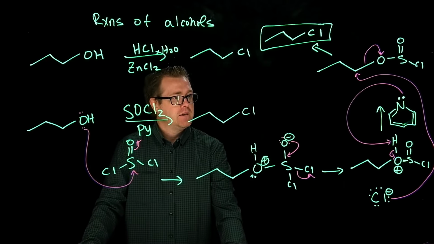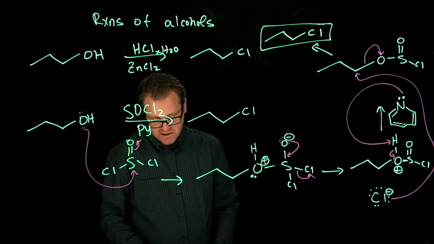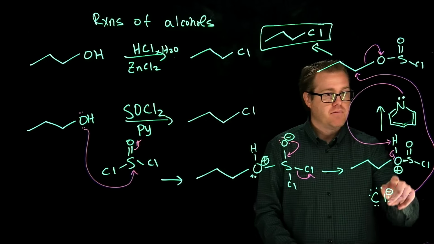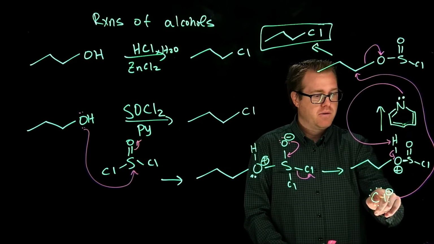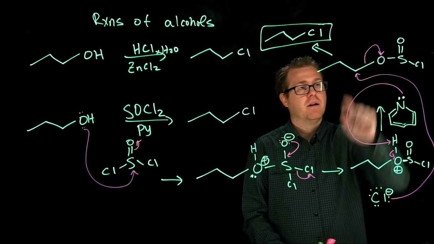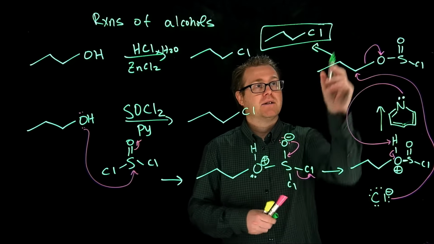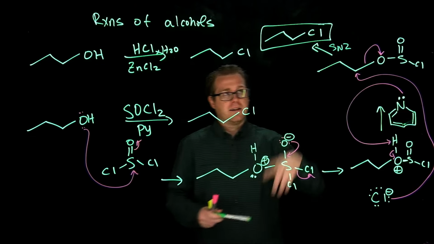Okay. So make sure you understand the mechanism here. Make sure you see what's happening in this step, where this comes in and attacks right here. How is that happening? SN2 style. Backside attack kicks the guy off.